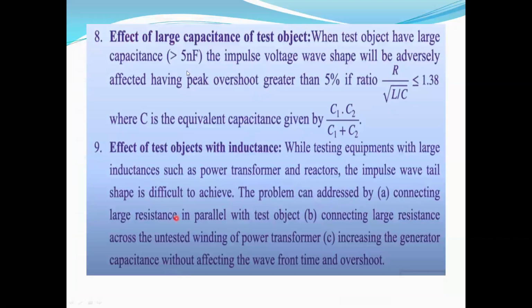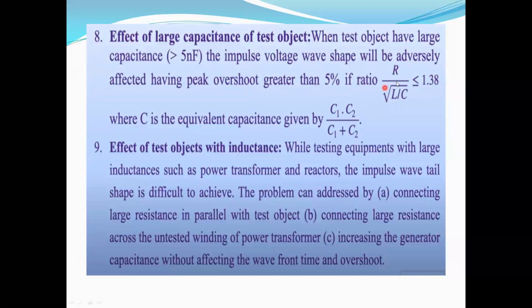The next effect is the large capacitance of the test object. This is also an important factor affecting the wave front and wave tail times. When the test object has a large capacitance, greater than 10 nanofarads, the impulse voltage wave shape will be adversely affected, having a peak overshoot greater than 5%.